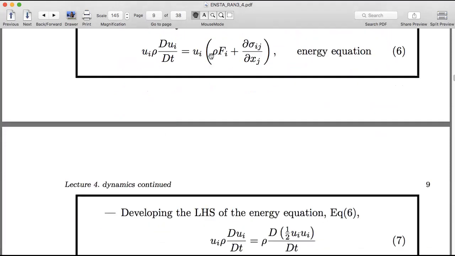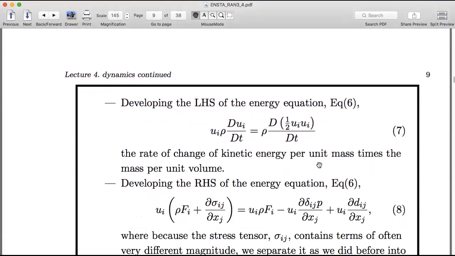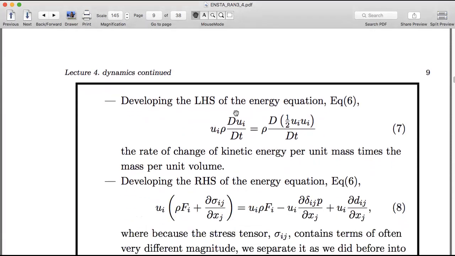So let's develop the two sides of this equation. On the left-hand side, I have the velocity times the density times the material derivative of the velocity, or the acceleration. I can bring this velocity component inside this material derivative, and then I just have 1/2 the material time derivative of the square of this velocity component.